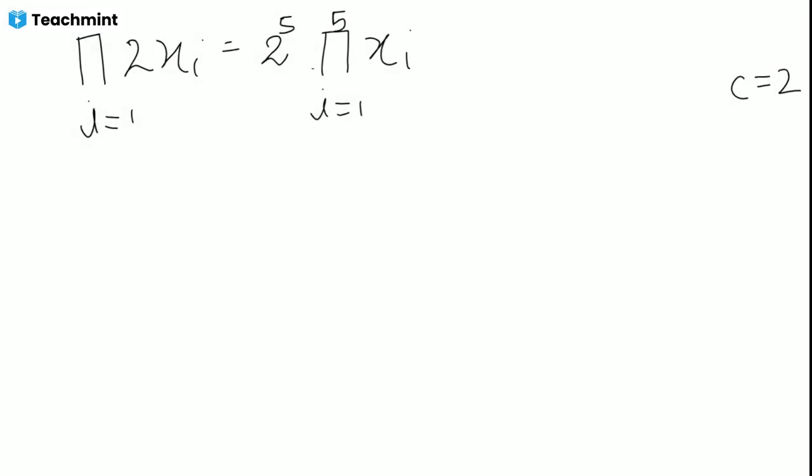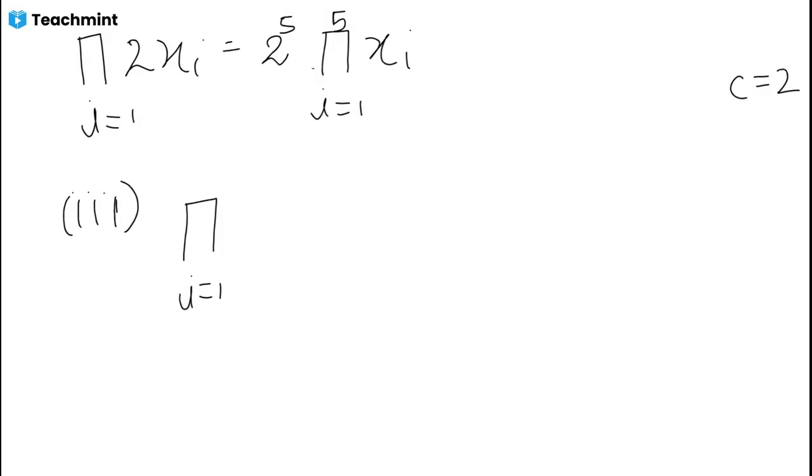Okay, next we have pi, i equal to 1 up to n, of 1 plus ri. How can we express this? The next formula, or property, of this pi notation: i equal to 1 up to n of 1 plus ri.